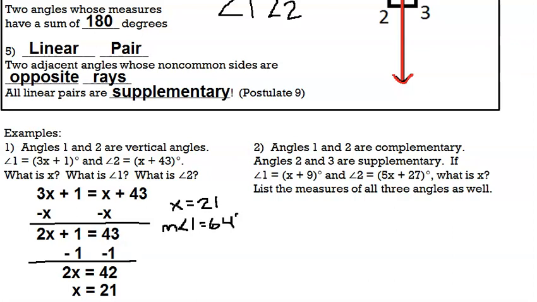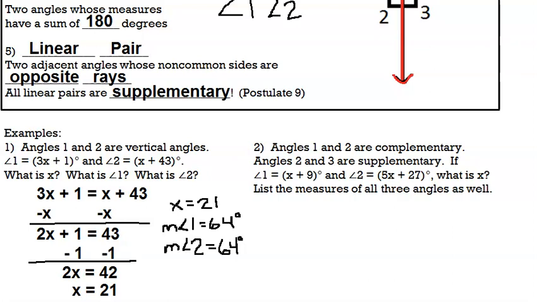And if we did it right, angle 2 should be the same thing because they are vertical angles. If you wanted to plug in and check, you'd put 21 up here. 21 plus 43 is 64. So we are good.